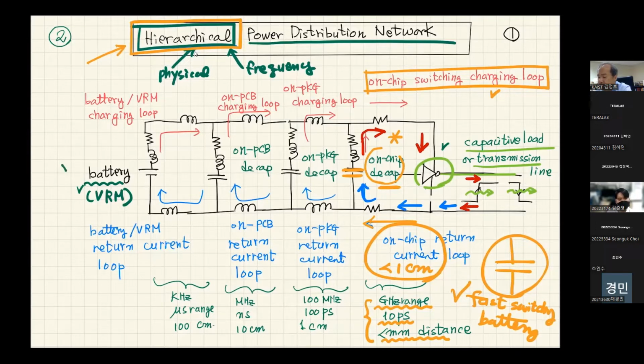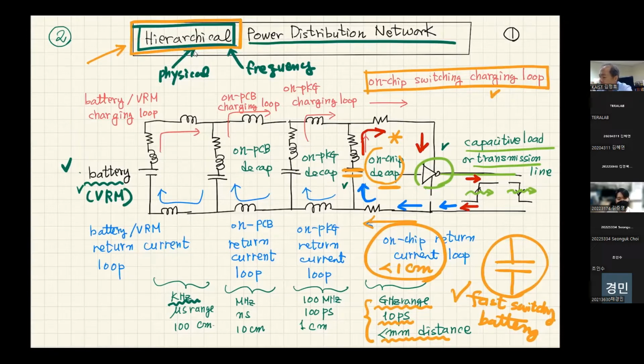This battery may be more useful for kilohertz range switching, which in digital circuits is very rare. Probably this battery is more suitable for supplying the charge to the on-chip decoupling capacitor.